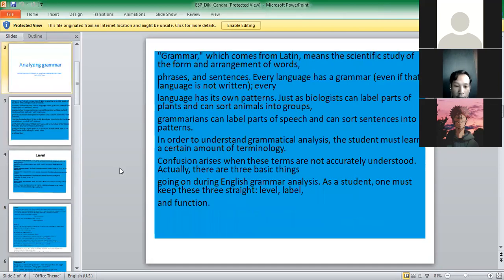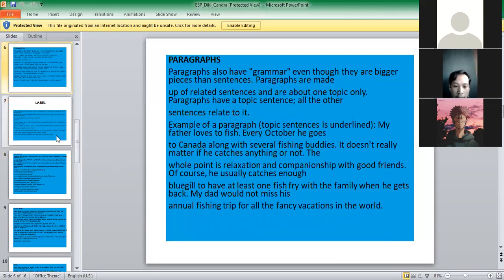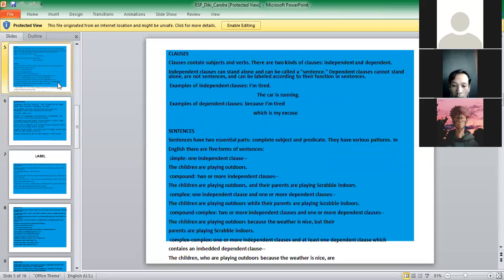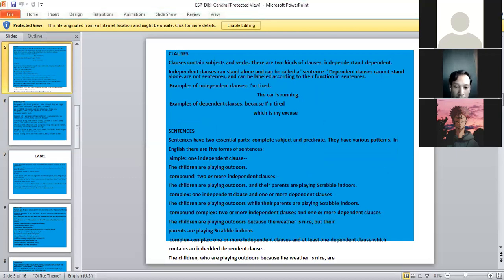And the last, complex: one independent clause which contains an intermediate dependent clause. The children who are playing outdoors because the weather is nice.